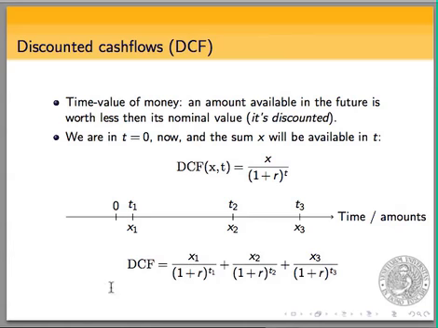This is an easy formula to compute discounted cash flows for a stream, and we are ready to move to BTPs now.